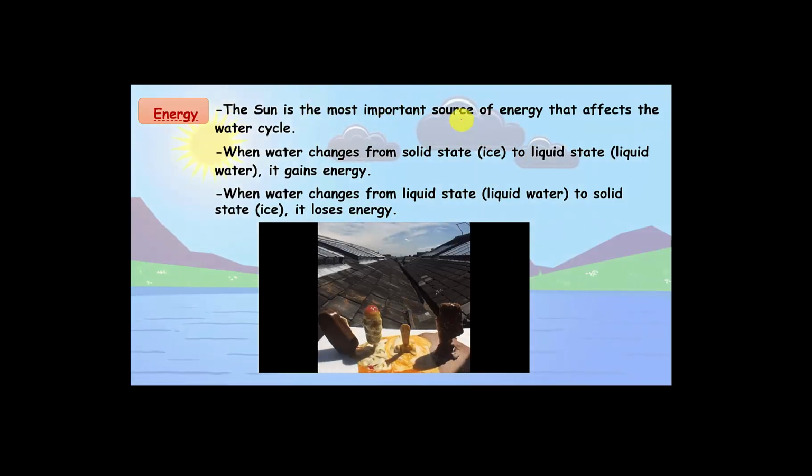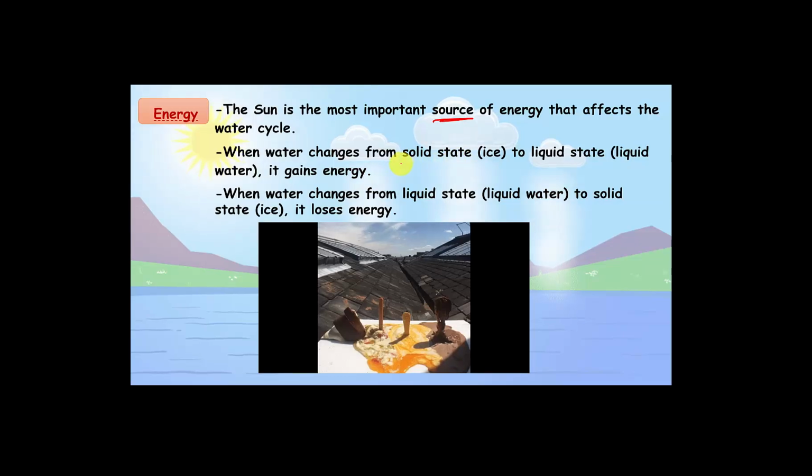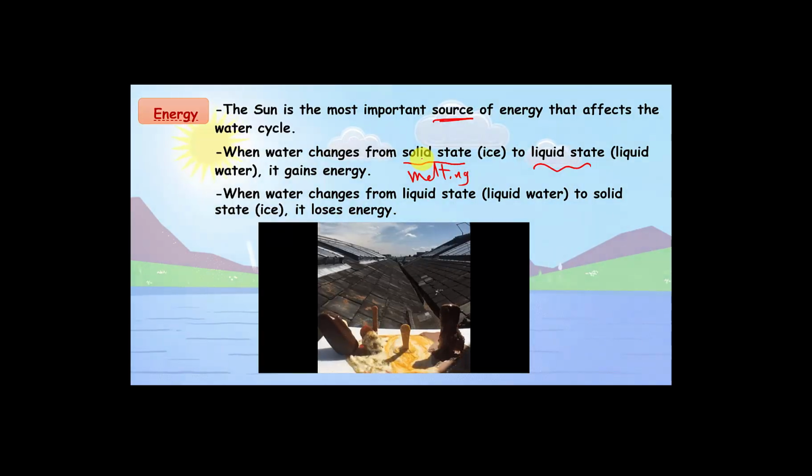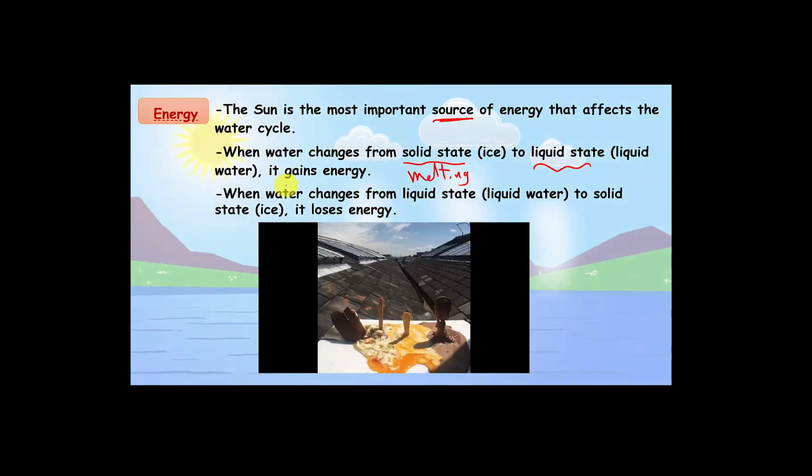The sun is the most important source of energy that affects the water cycle. When water changes from solid state as ice to liquid state, this means from solid to liquid, which is melting. Melting means transfer from solid to liquid. We have to gain energy. It gains energy.